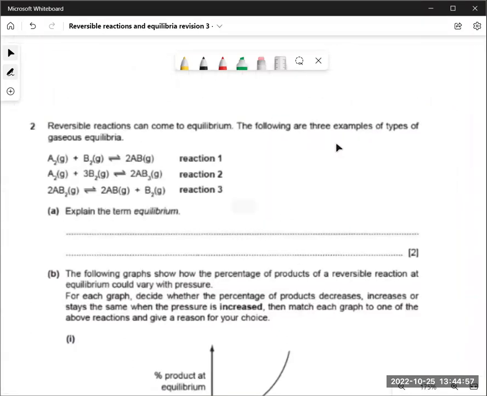Tell me what is equilibrium. Equilibrium is when the rate of forward reaction is equal to the rate of backward reaction and the concentration of reactants and products remain constant. Two out of two. Good job.